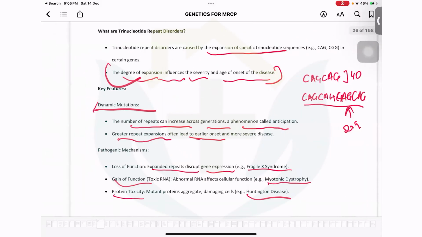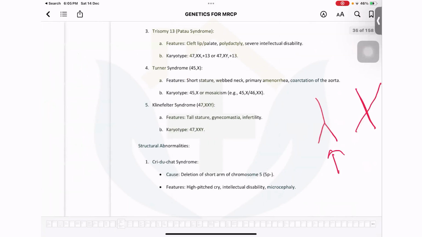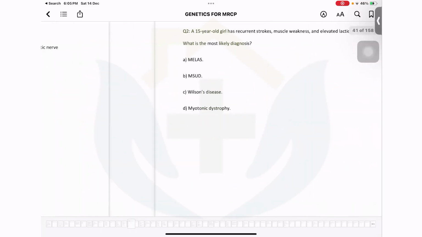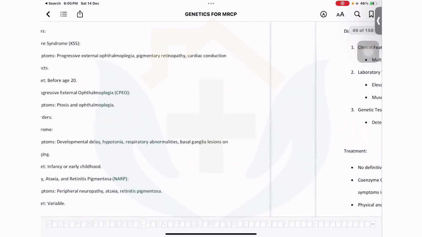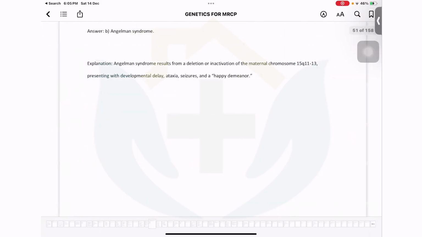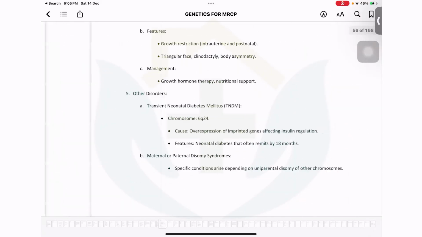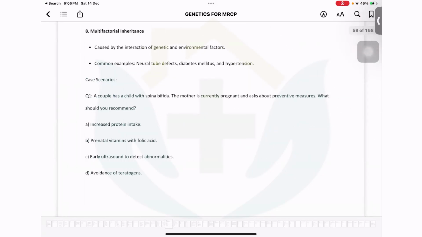We've covered chromosomal abnormalities, karyotypes, Turner syndromes, mitochondrial inheritance, and genetic imprinting disorders. And now we shall be doing multifactorial inheritance.